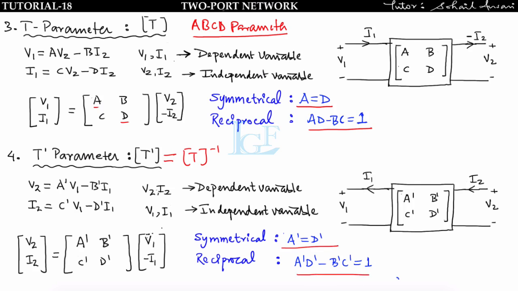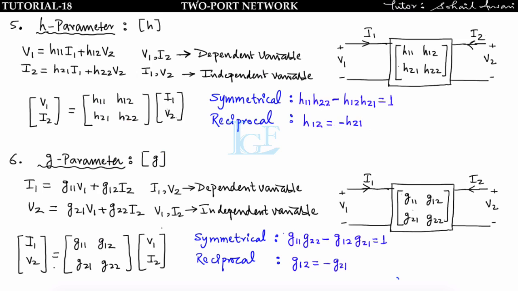Now let us take H parameters. In H parameters, V1 and I2 are the dependent variables and I1 and V2 are the independent variables. So V1 is equal to H11 I1 plus H12 V2 and I2 is equal to H21 I1 plus H22 V2. Generally these parameters are used to model BJT.